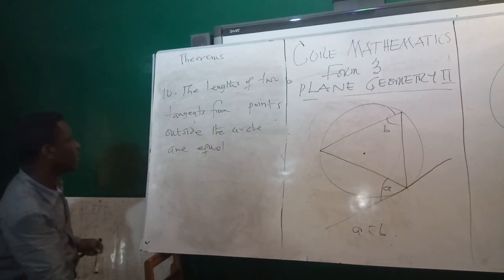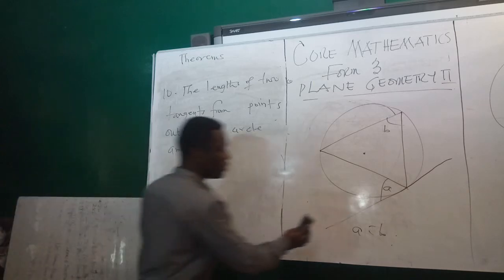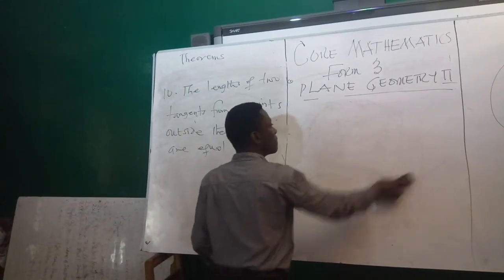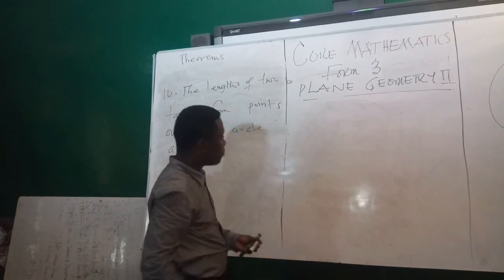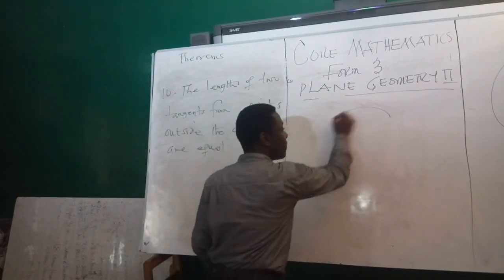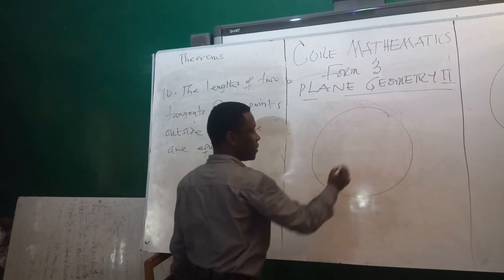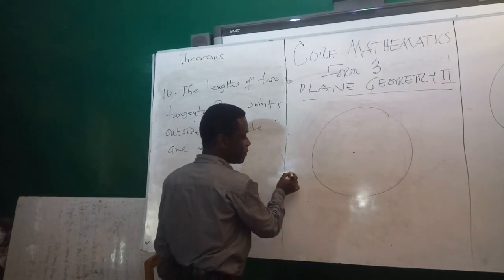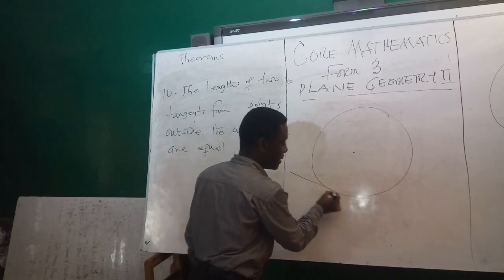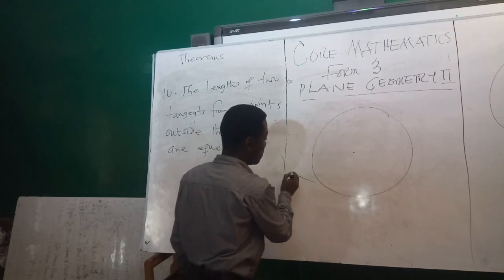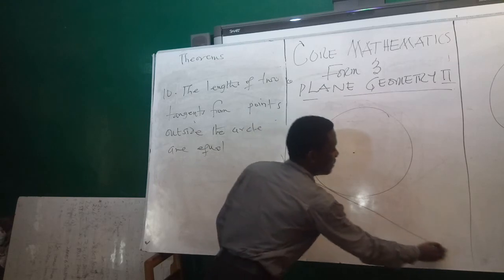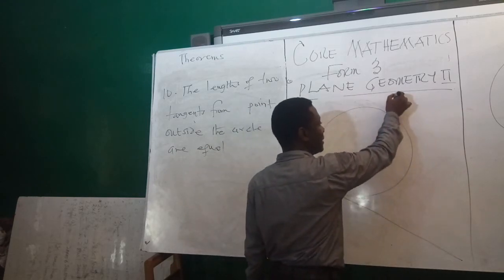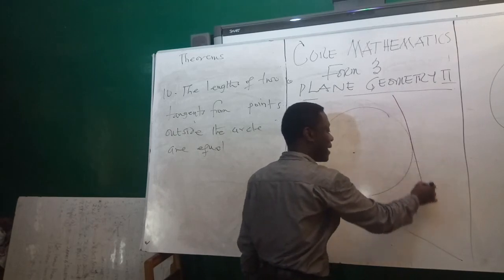Now, what does that mean? What are we talking about? Let me use this side. What we are simply talking about is that if I had a circle with a center and I had a tangent, a line touching it from this end, touching it here, and another line touching the circle from this other end.